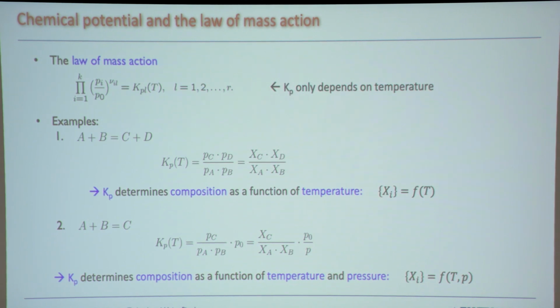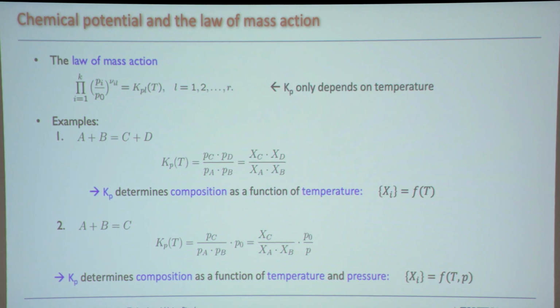And here are two examples, and maybe that's the last thing we do today. Take example number 1: A plus B goes to C plus D. The equilibrium constant is a function of temperature, and it can be written as the product of these partial pressures: partial pressure C times partial pressure D divided by partial pressure A times partial pressure B. So that gives you a condition on how much of the reaction goes to products and how much will stay as reactants.